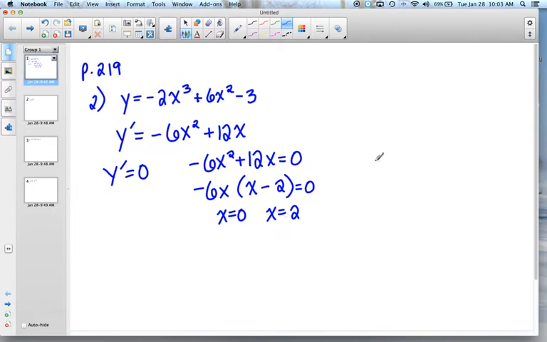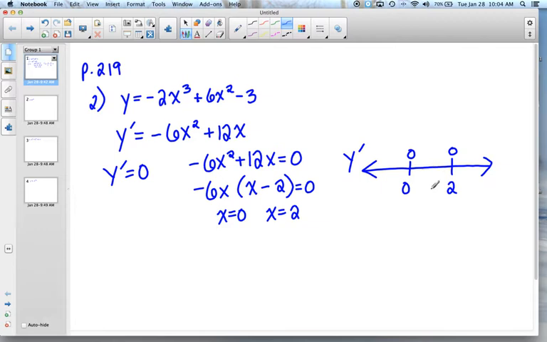So the next thing I'm going to do is create a number line or a sign chart. I'm going to use my two critical points. Remember this is a sign chart for y prime and the derivative values are 0. So then we need to determine, using the first derivative test, if it's positive or negative on each side of our critical points.